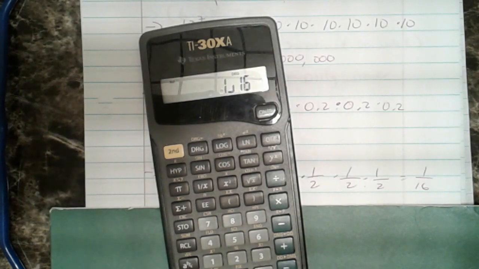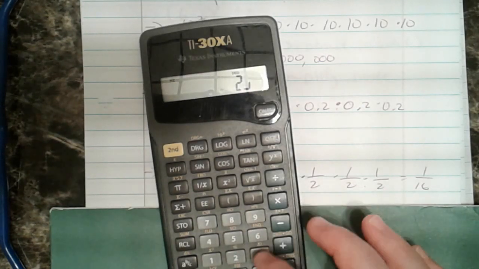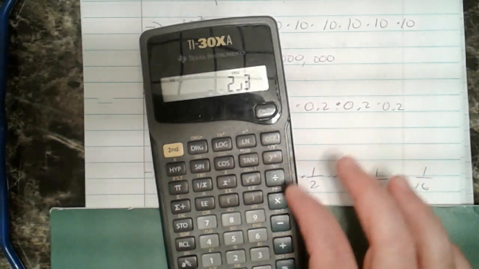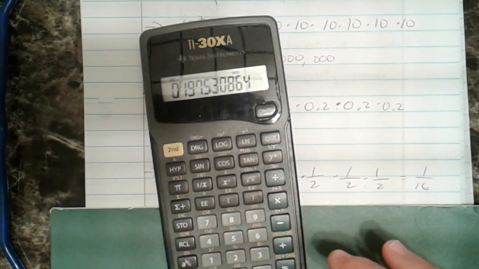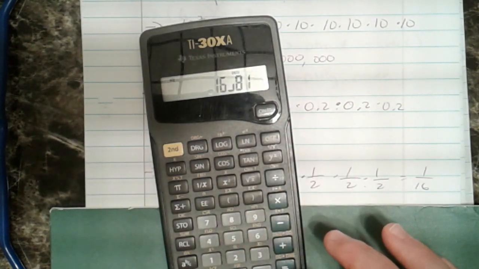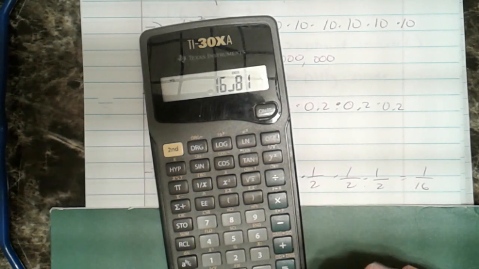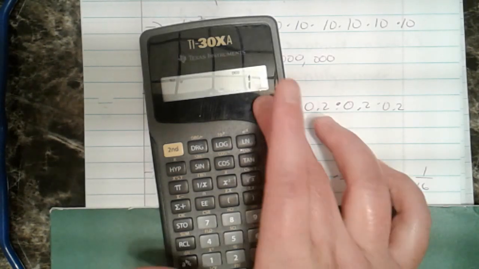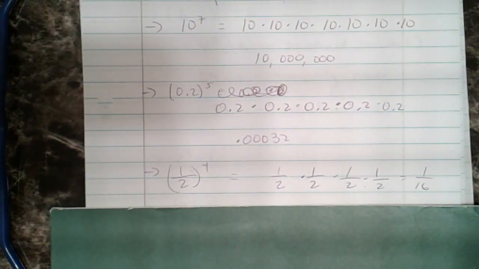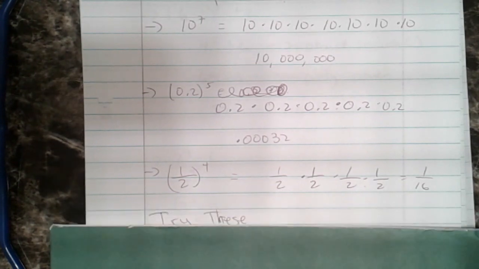But if it was, let's say, 2 ABC 3 to the 4th, you would usually have to put it in parentheses, but apparently on these calculators you do not. That's interesting. So 1/2 to the 4th is 1/16.